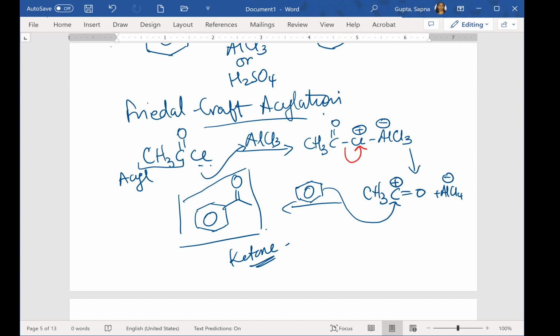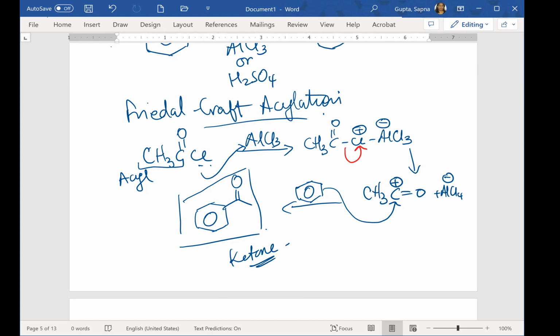You will always form a ketone in this, always. This is acetophenone, as you'll remember from your nomenclature. So acetophenone is methyl phenyl ketone, right? So you need only one methyl group there.